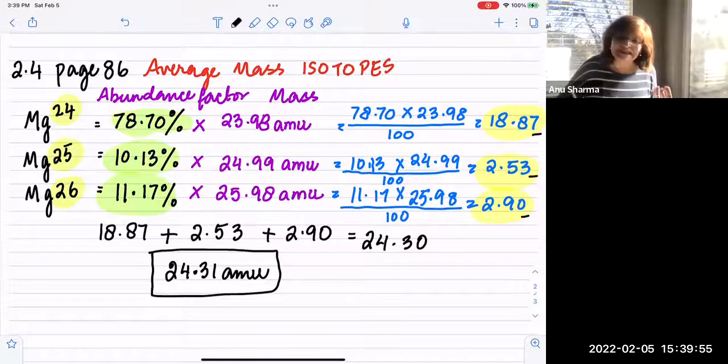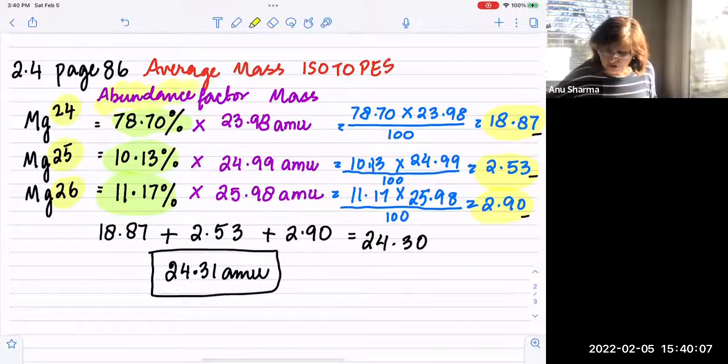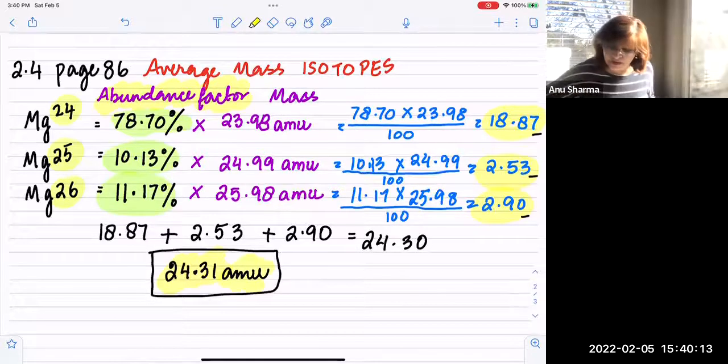And this is because technically mass is the number of protons plus the number of neutrons, but because we are bringing in the abundance factor also, that is why we see all these decimals. And this is the number that is written on the periodic table.